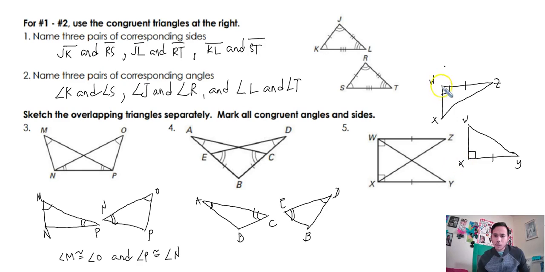So W corresponds to X, and then we have WZ corresponds to XY. There. So that's how you separate your triangle.